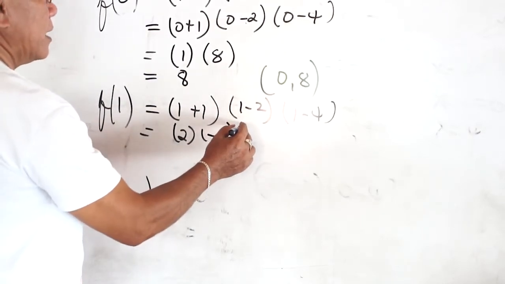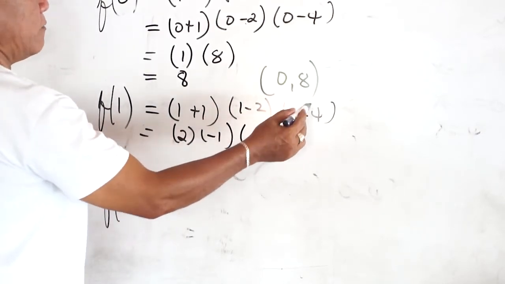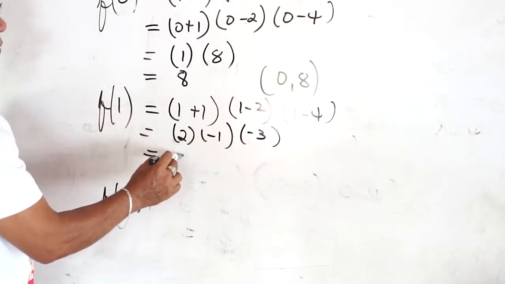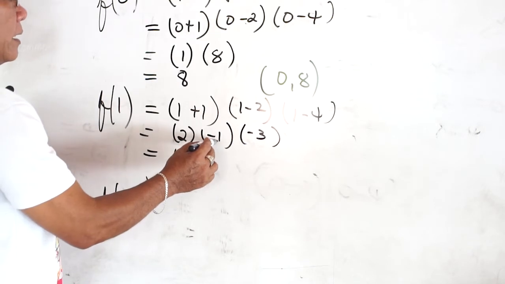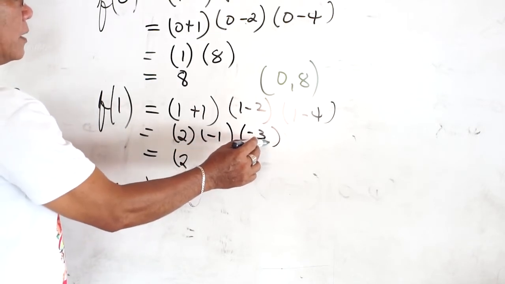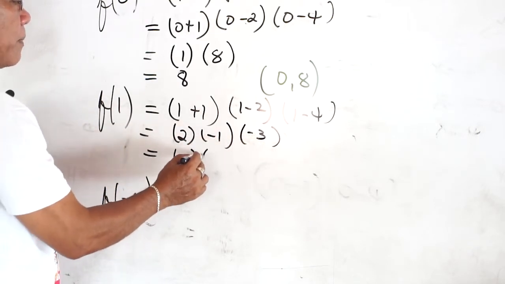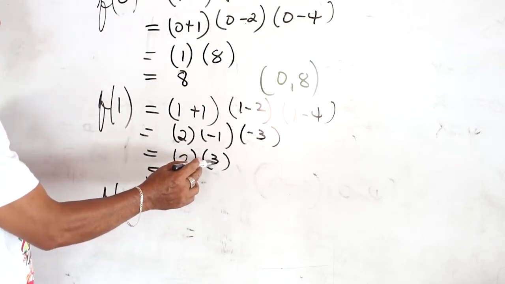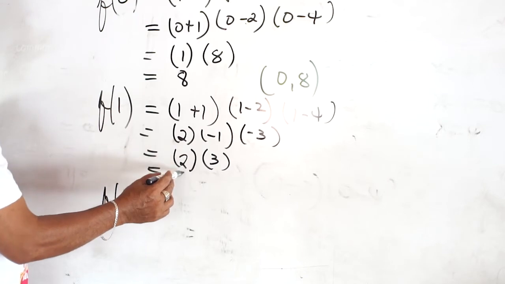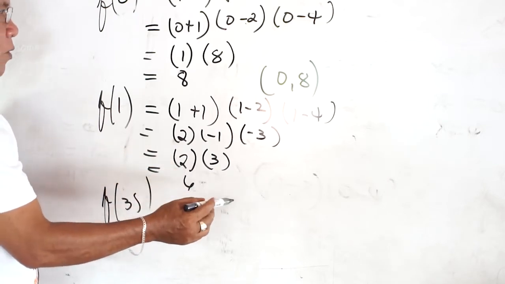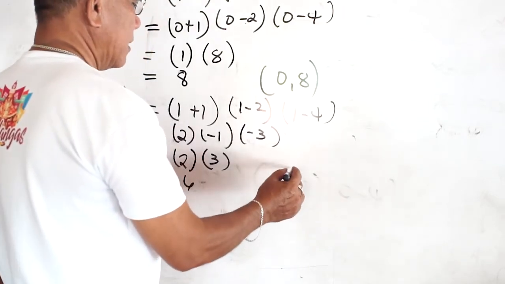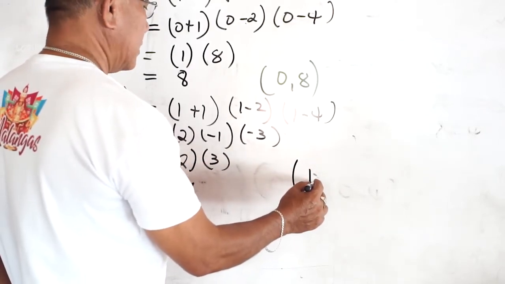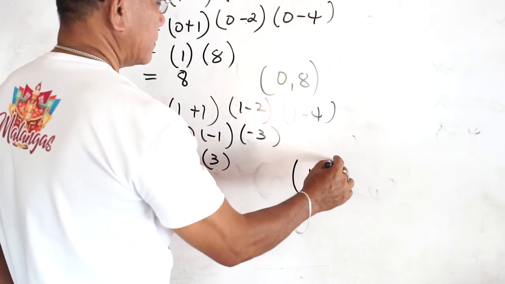Then we have positive 1 and negative 4, the result is negative 3. Then negative 1 times negative 3 is positive 3. Then multiply: 3 times 2, the result is 6. So therefore the ordered pair is 1 and 6.